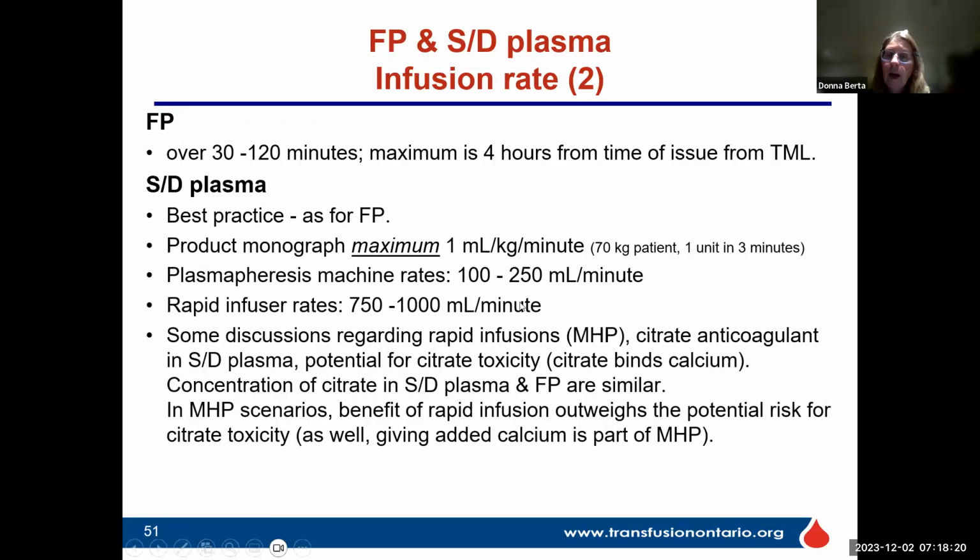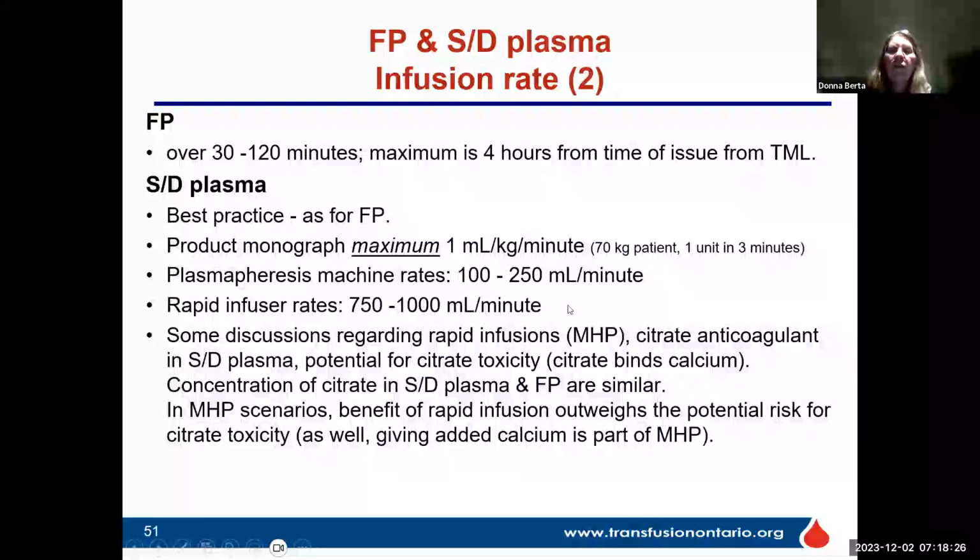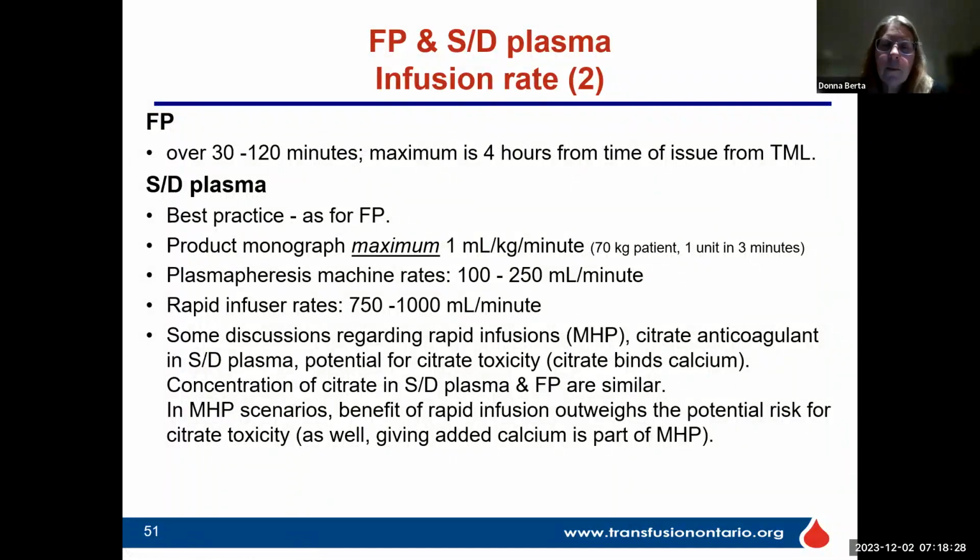And in rapid infusers, they will actually give it faster than that. So there's been a lot of discussion regarding this maximum in the product monograph and what's safe to do. The concern that the monograph has raised is about citrate toxicity, because the citrate anticoagulant binds calcium and can cause a low calcium and problems of hypocalcemia.